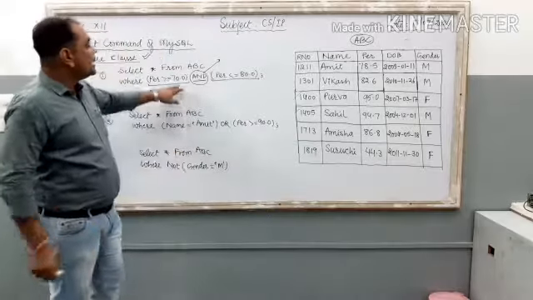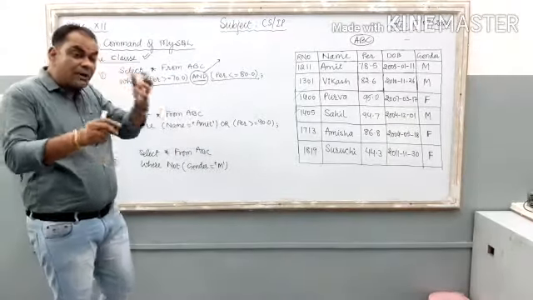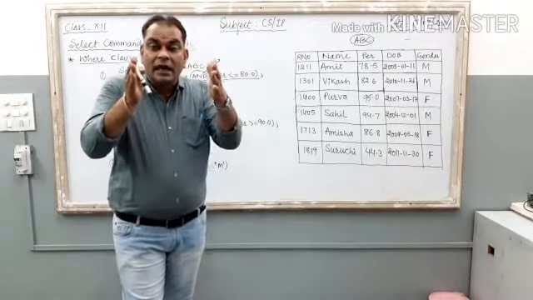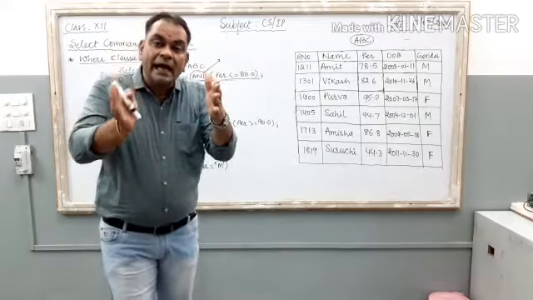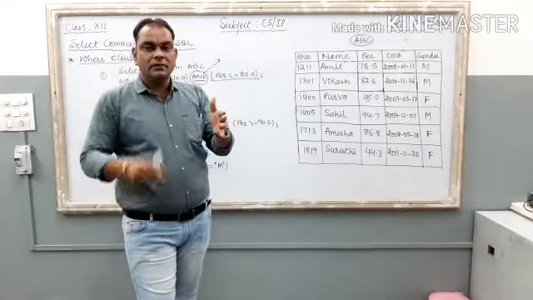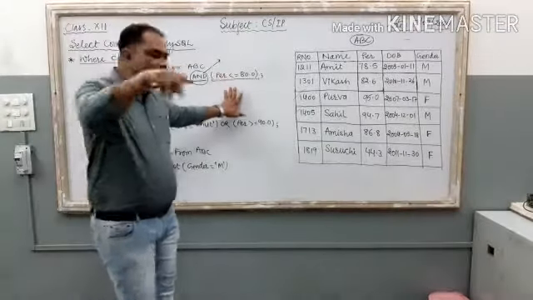Here two different conditions are there. Now AND is there between these two conditions, which means for a particular record, if both the conditions are true, then and only then can you filter the record from the table. Clear? Percentage greater than or equal to 70, percentage less than or equal to 80.